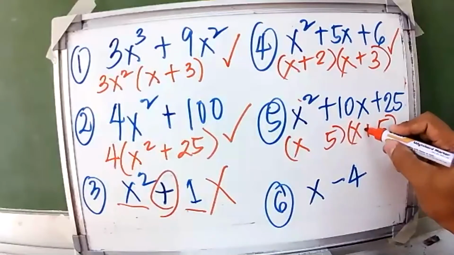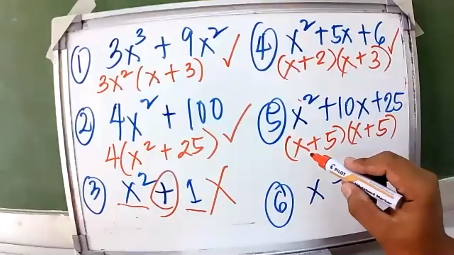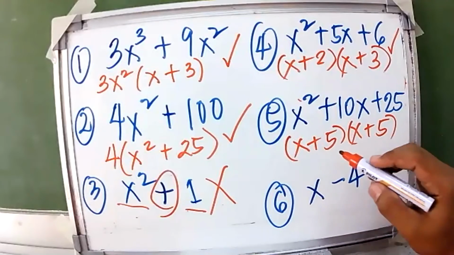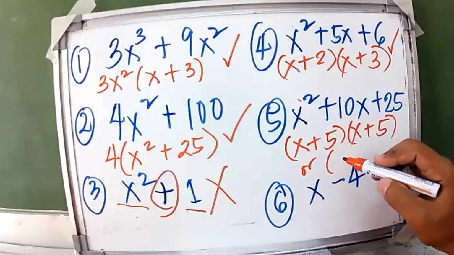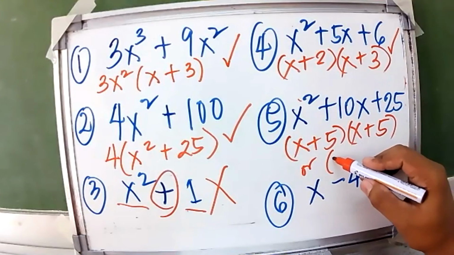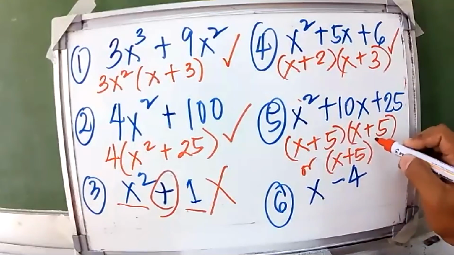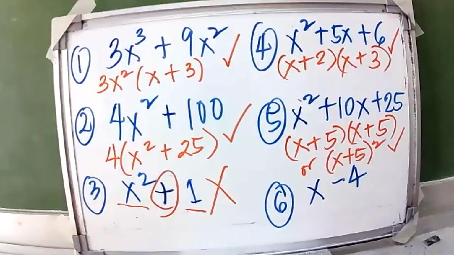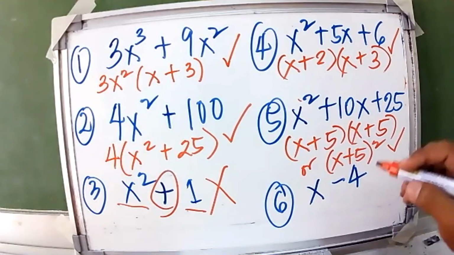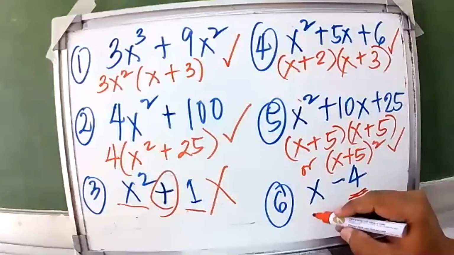Should be both positive. Very good. So, it's x plus 5 times x plus 5 or, since they are just the same, it can just be written as x plus 5 squared. Any of the two are both correct. Okay? Next, ito. Perfect square si 4, but x is not.